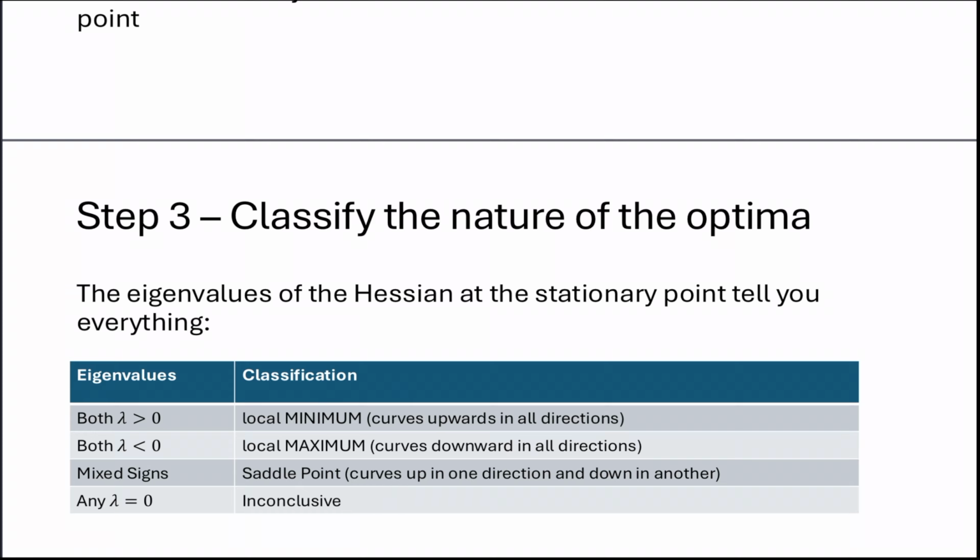If both of the eigenvalues are greater than 0, in other words they're positive, then we have a local minimum. If both of the eigenvalues are negative or less than 0, then we have a local maximum. If there are mixed signs between the two eigenvalues, then we have a saddle point, and if any of the eigenvalues are 0, then we have an inconclusive test.